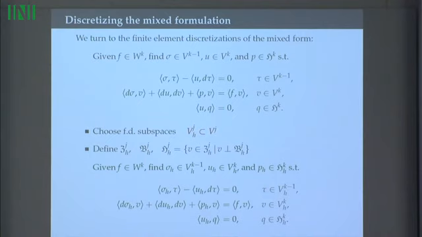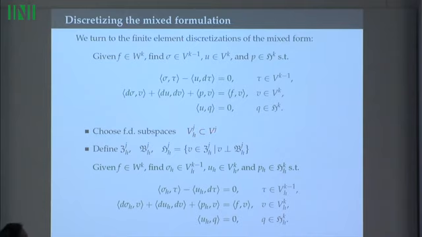So I have to define the discrete harmonic forms. And remember what a harmonic form is. It's the orthogonal complement to B, the range of D, inside Z, the null space of D. So I define the discrete null space as just the null space of D on the subspace, those things in the subspace that D takes to 0.